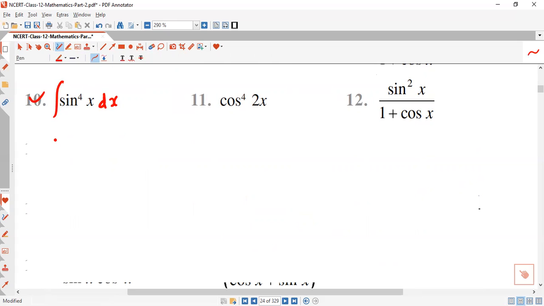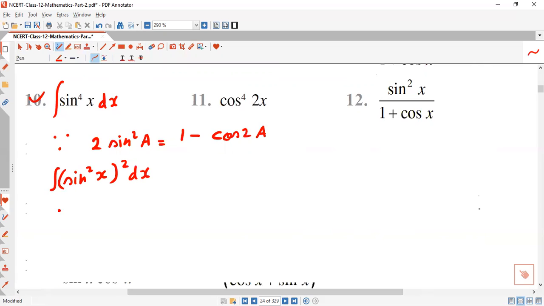Since we know the formula that 2 sine square a equals 1 minus cos 2a, I can write this function, sine square x whole square dx, as the integration of 1 minus cos 2x by 2 whole square. Simplify this one.